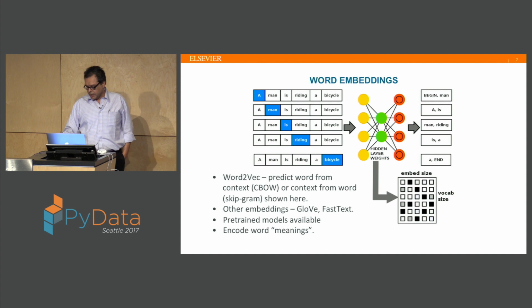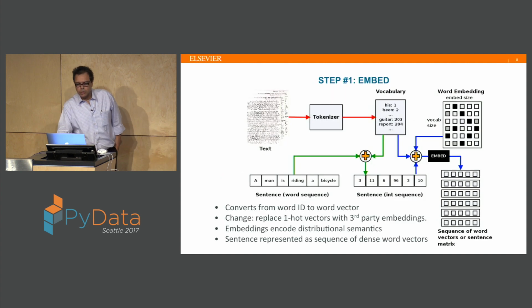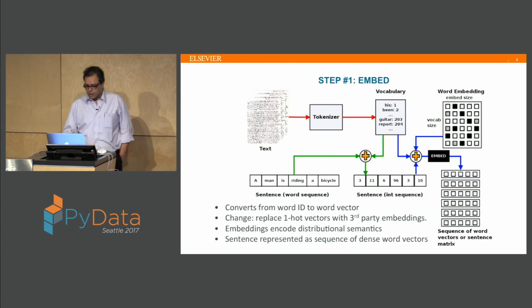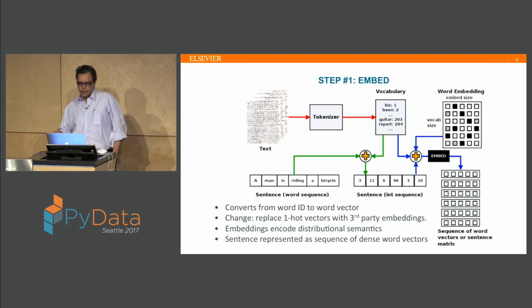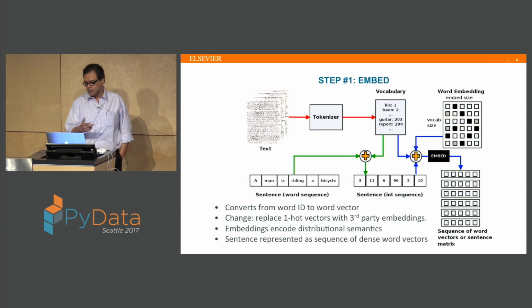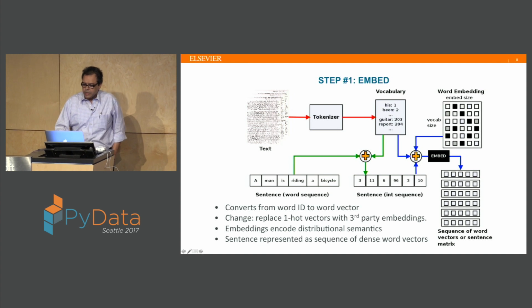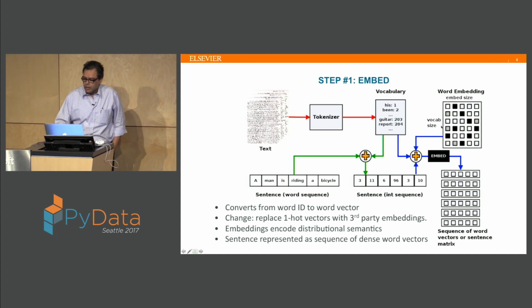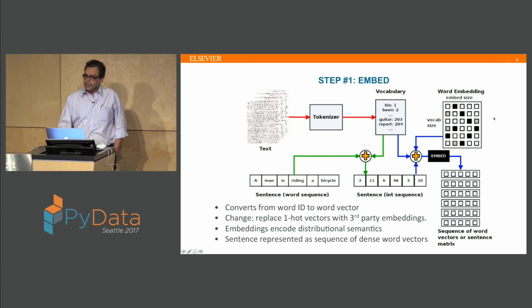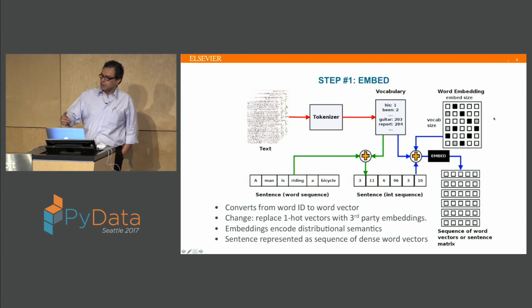So that's word embeddings. Now that we know about word embeddings, let's talk about the first step in the 4-step recipe: the embed step. If you look at this diagram, it's almost the same as the one two slides ago. The only difference is that we have replaced the one-hot vector with the pre-trained vector that we got from one of these third-party embeddings.